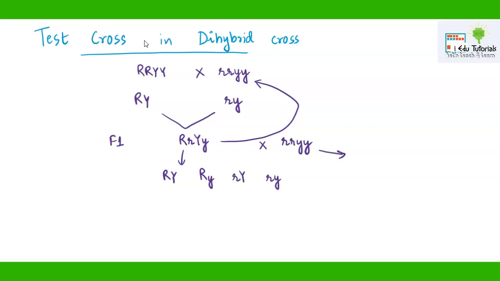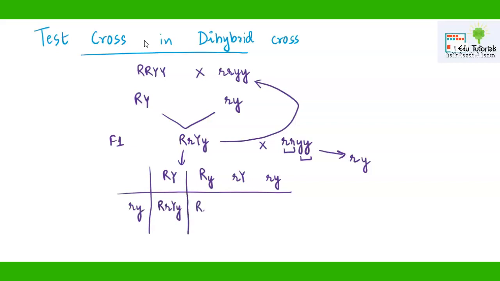And here, because the homozygous condition is there, only one r will come and only one y will come. It will be easy for us if we plot the Punnett square here. So we will get these types of offspring which I am writing here.